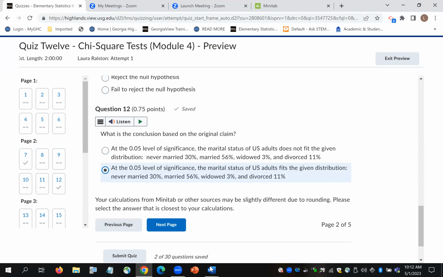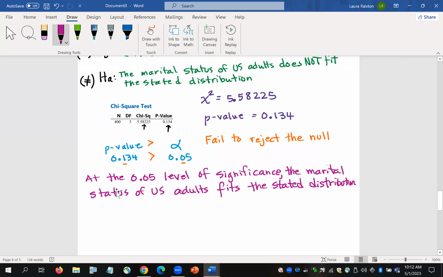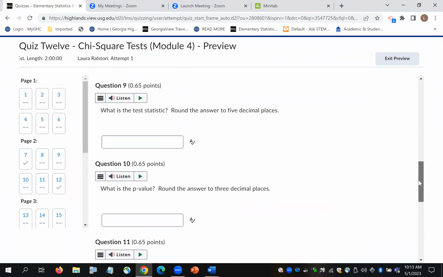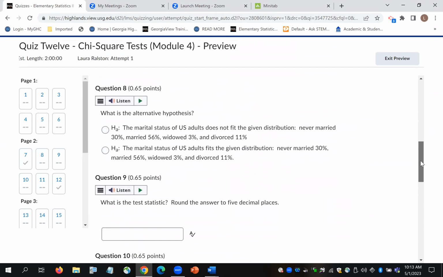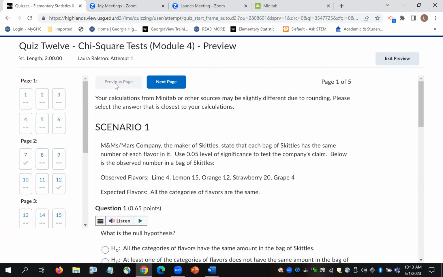I personally think it's helpful to work through the problem like we did here on the paper and then go back and answer the questions, as opposed to looking at the question and going back and forth. I would work through the entire problem first and then go back and put in my answers.